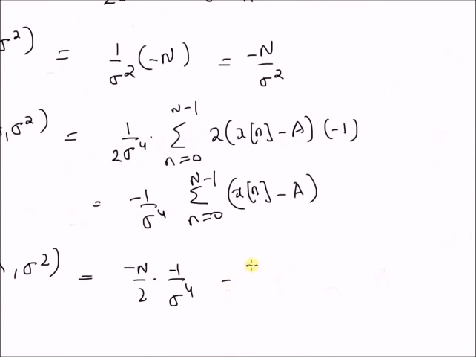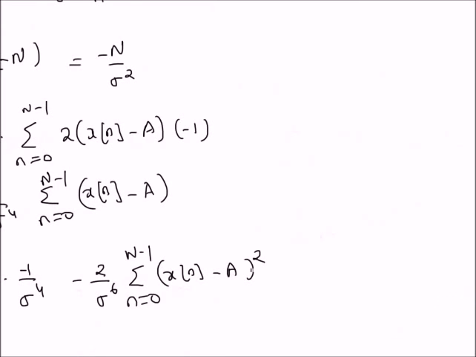So we have minus 2 by sigma power 6 summation n equal to 0 to n minus 1 of (x of n minus a) whole square. So this is the second derivative with respect to sigma square.